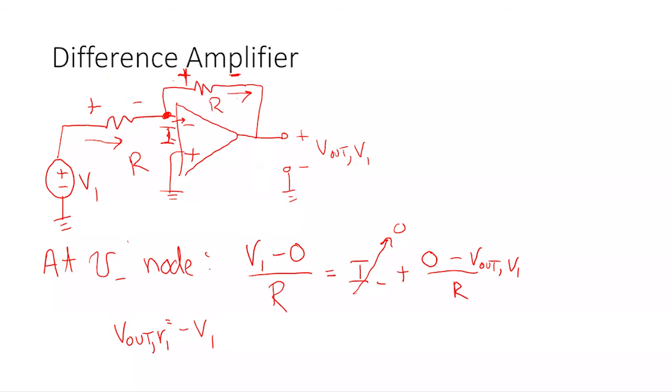And the way I think about it, if this is I1 and this is I2, by definition, the voltage, if I call this V, I shouldn't call it V1, we've already got a V1, don't we? I'll call this VA and VB. Just by definition, VA, which is V1 minus 0, is equal to, by Ohm's law, I1 times R. And VB is equal to 0, the voltage of the plus terminal, minus V out.